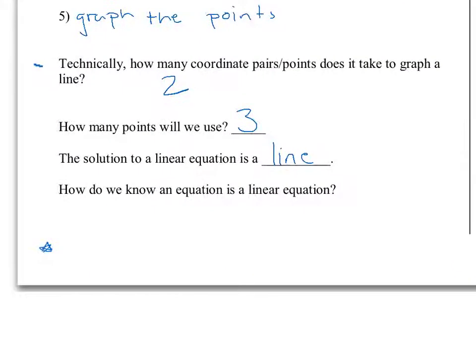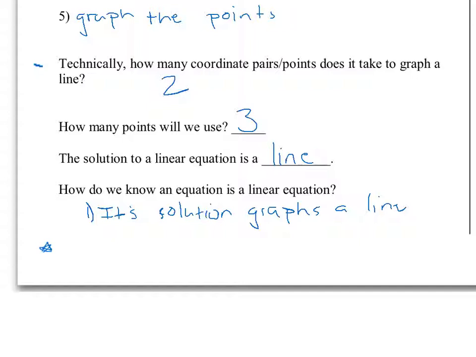How do we know an equation is a linear equation? Well, first thing, its solution graphs a line. Well, that makes sense. However, sometimes you're going to run into a question on the CST or a test somewhere that says, which of these is a linear equation? If you spend all of this time trying to graph all 4 equations, not only are you probably going to confuse yourself, you're also going to waste a lot of time.